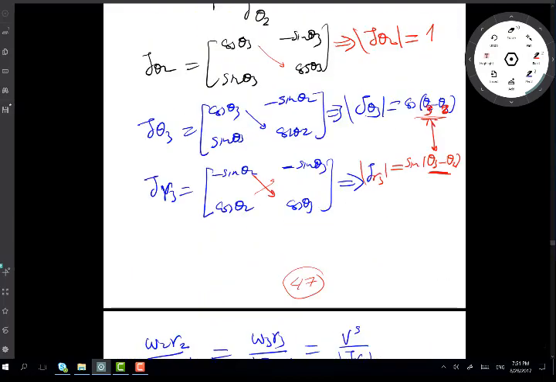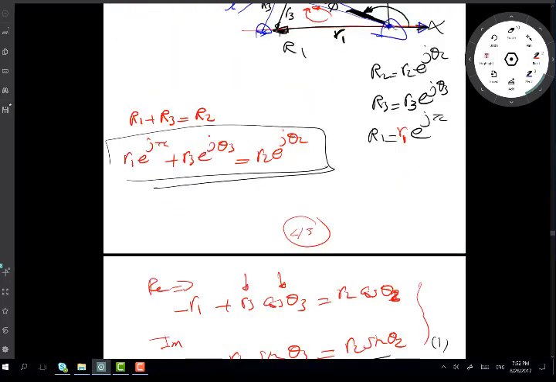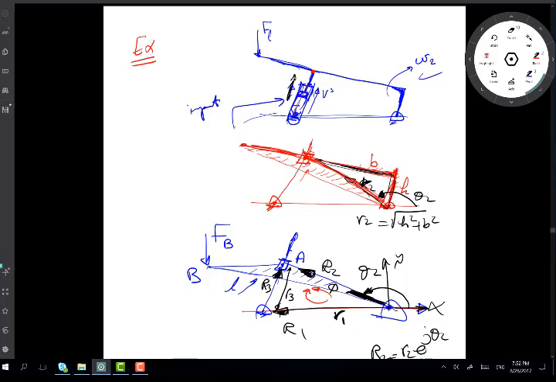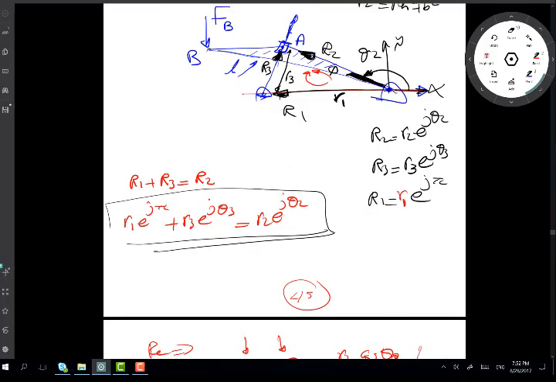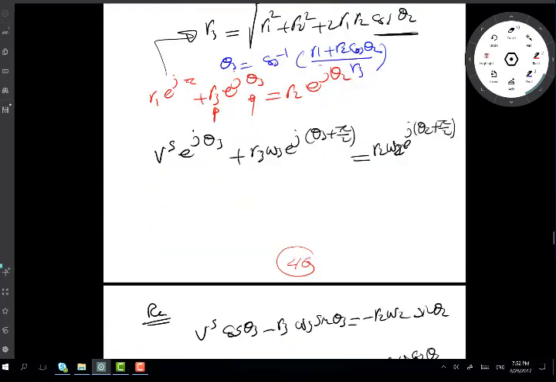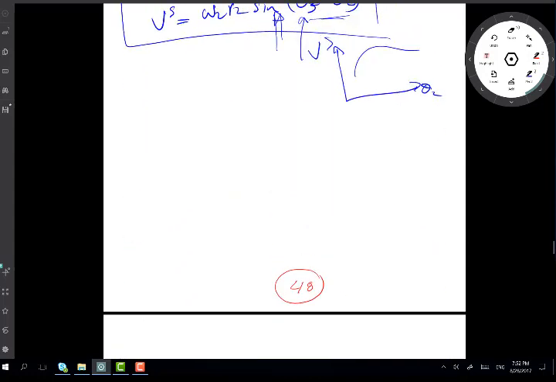Now, what sort of pressure do I need in my hydraulic cylinder or pneumatic cylinder or whatever I want to use over here? So I need to use my virtual work method to write my equation. Then I have the forces I have. Maybe I'll just draw this one more time quickly.